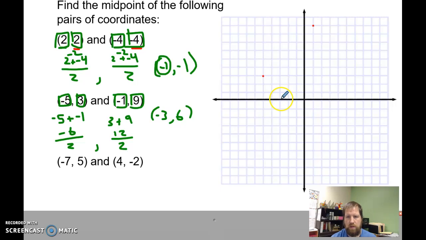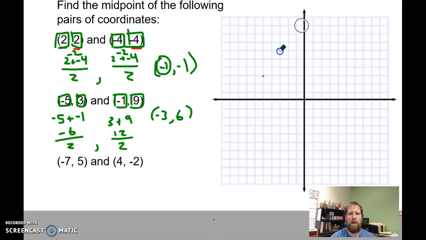So 1, 2, 3, 1, 2. Oh, did I do something wrong there? Negative 1. Oh, I graphed my point wrong. My formula was going correctly, but I graphed my point wrong. So my point should be up here, which looks like it'll make a little more sense for where my midpoint goes. So negative 1, 2, 3, positive 1, 2, 3, 4, 5, 6. And yeah, that looks like a good midpoint for those 2 points.